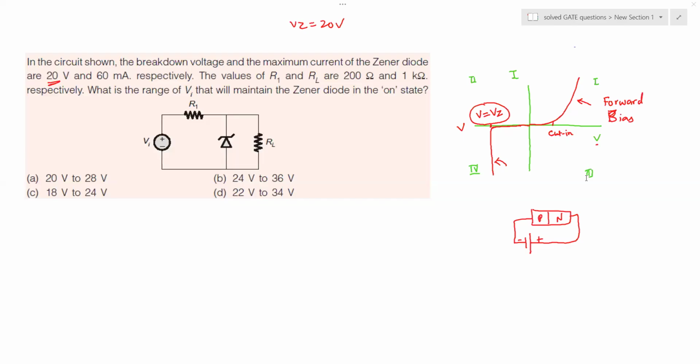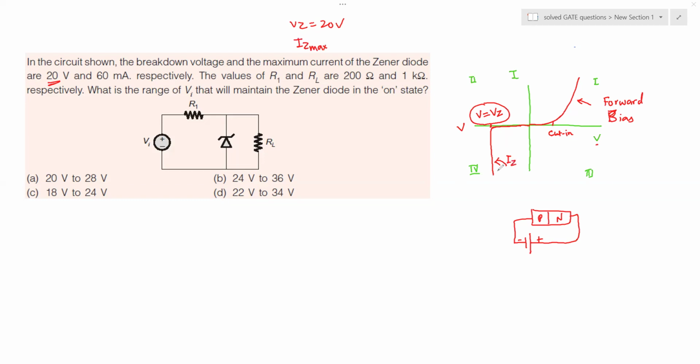Yeah, so with the understanding of the breakdown voltage, now this is the current that is flowing, and the maximum current that can flow without making the Zener diode damaged is called IZ.